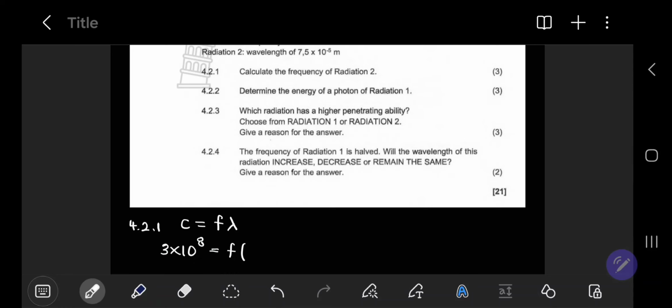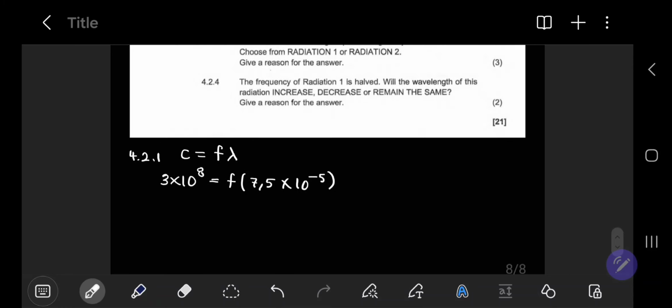Frequency is unknown, and lambda is given as 7.5 times 10 to the minus 5. To solve for f, all we have to do is divide both sides by this value, 7.5 times 10 to the minus 5, and we get frequency as 4 times 10 to the power 12 hertz.